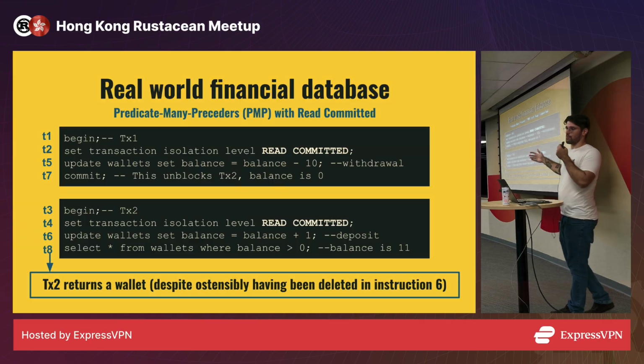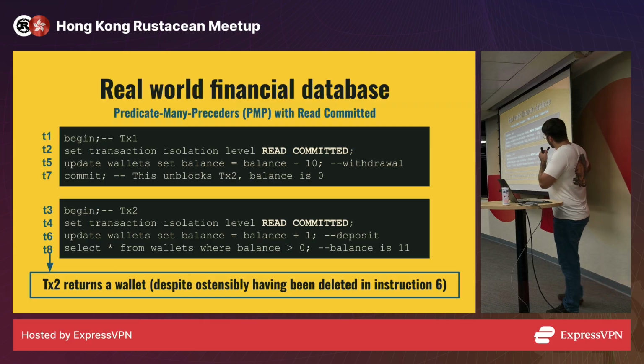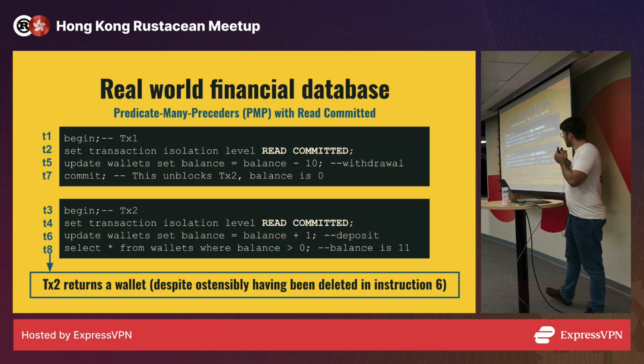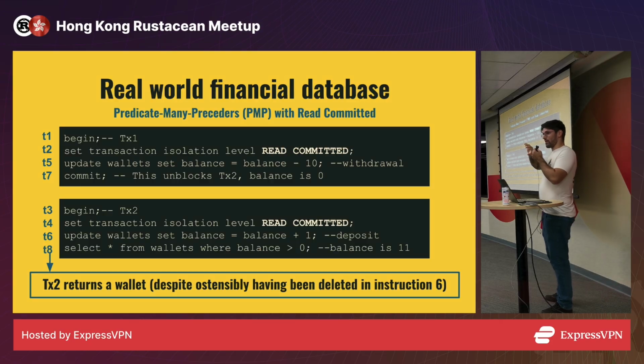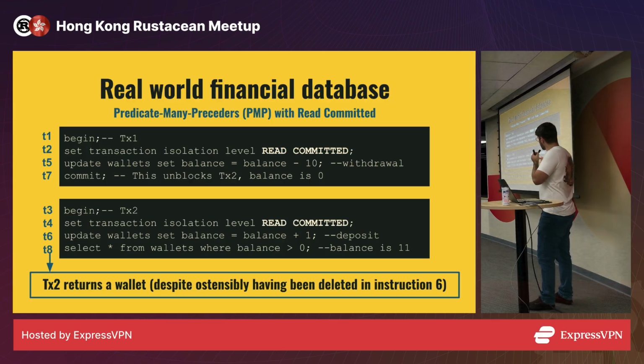If you run any transaction on Postgres, this is the isolation level that it will have. And on T5, you have an update balance withdrawing 10 Bitcoins. But on T6, on the concurrent transaction, you have another update of balance adding 1 Bitcoin. And what happens on T7?